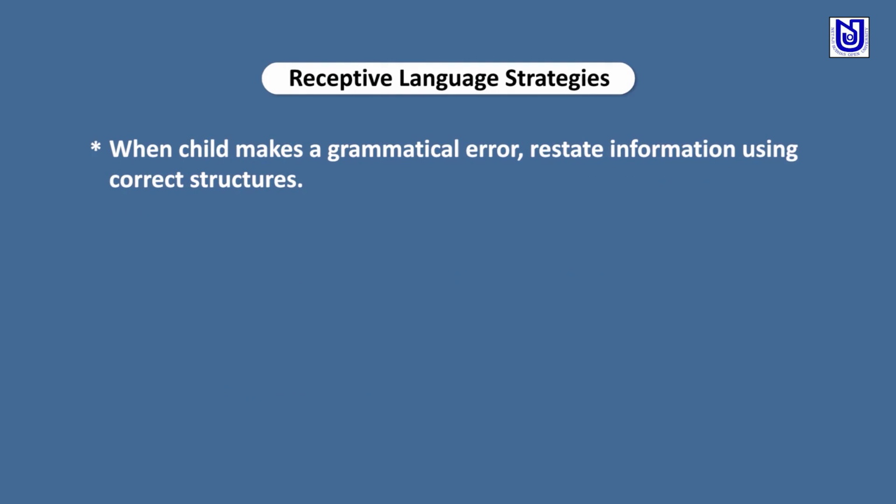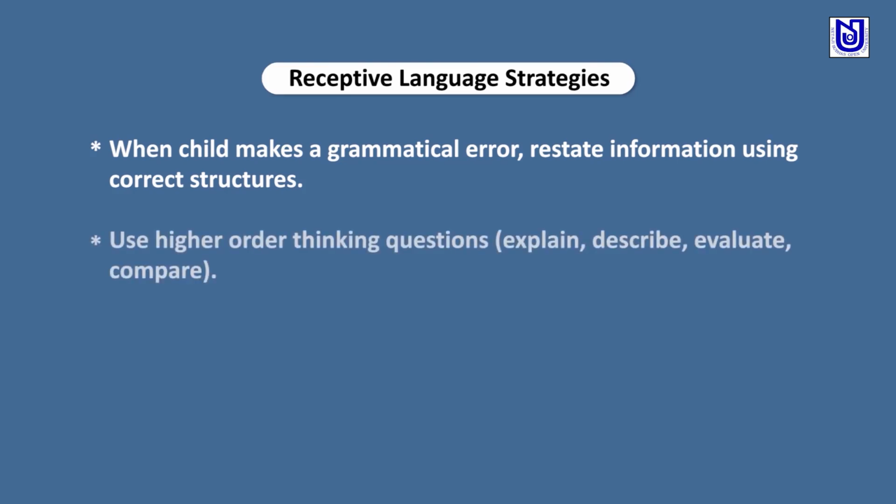Then expressive language skills: when a child makes a grammatical error, restate that information using correct structure. Use higher order thinking questions like explain it, describe this, then evaluate, compare. This kind of practice may be given to the child for improving their comprehension skills.